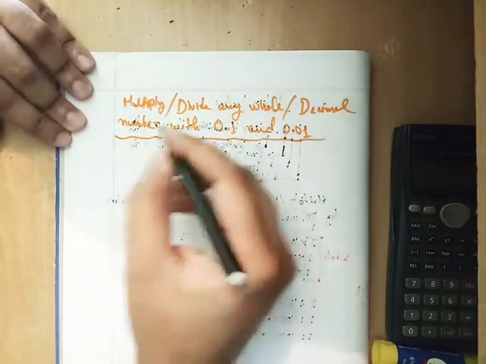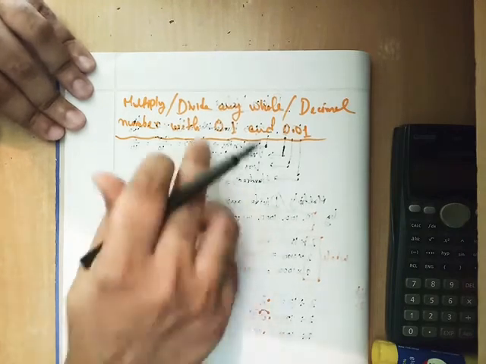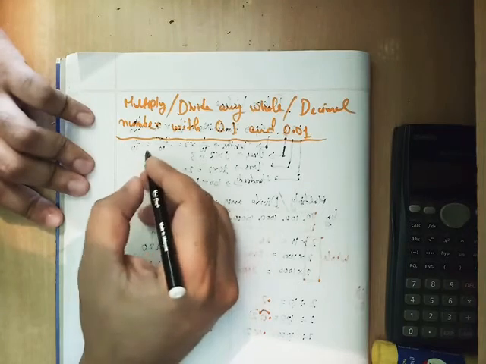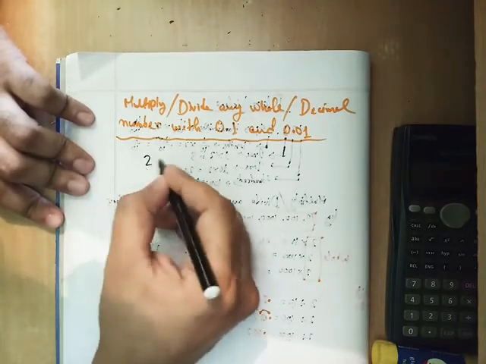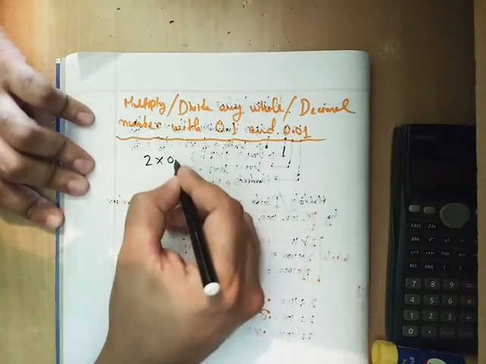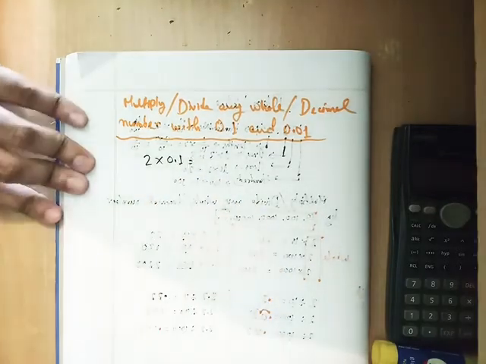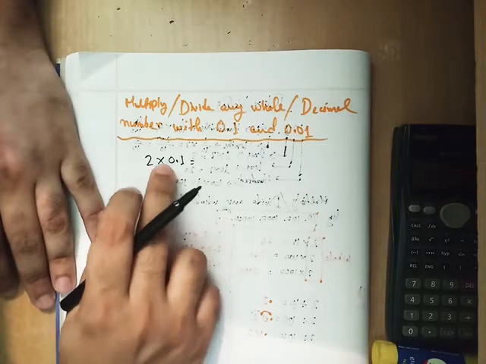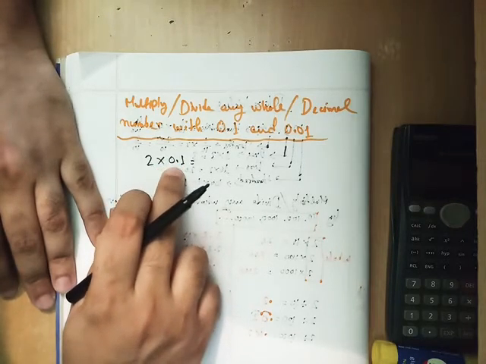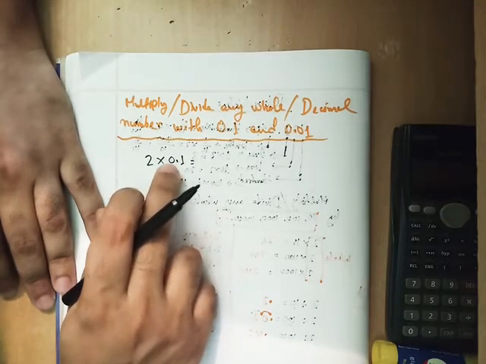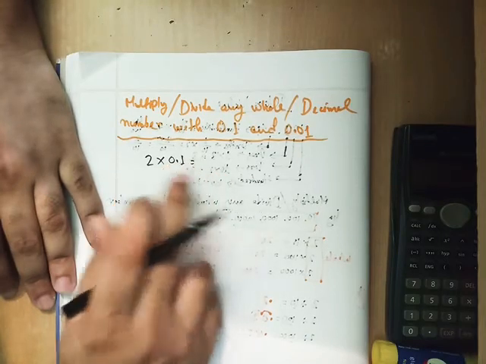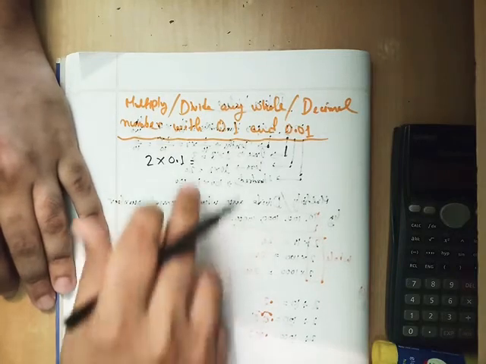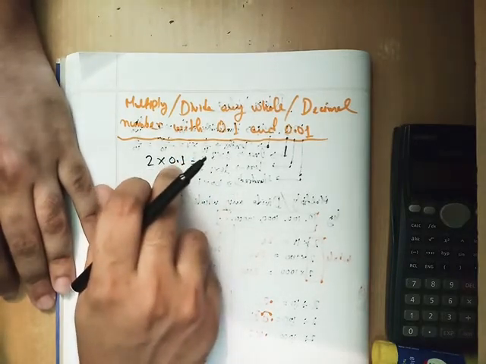So let me first multiply a whole number with 0.1 and 0.01. So let's take a number, suppose let's take a number 2 and then multiply it with 0.1. Now how do we do it? One way of doing it is I can transform this decimal number into a fraction, and as we already learned in the previous section, this is a decimal number, right?